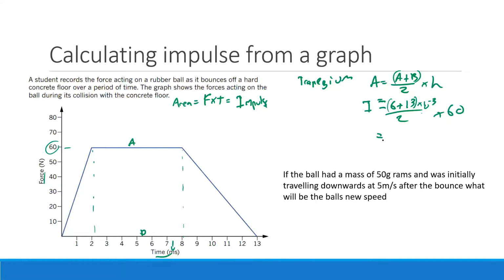Putting all that into the formula, 6 plus 13 equals 19 times 10 to the negative 3 equals 0.019. Then 0.019 divided by 2 times 60 is going to be 0.57 newton seconds.